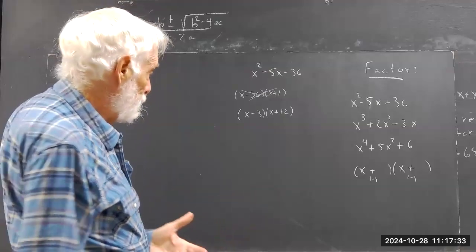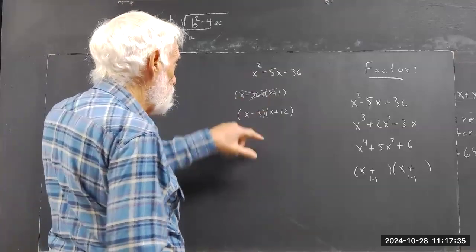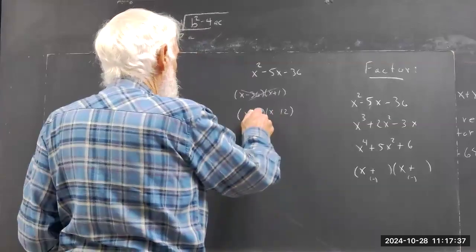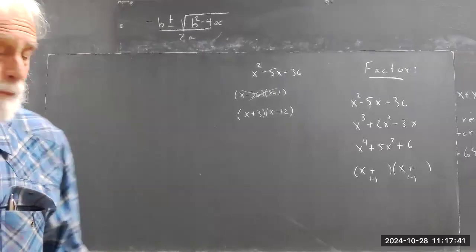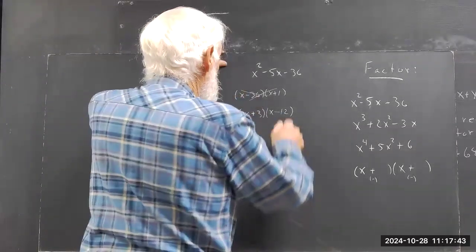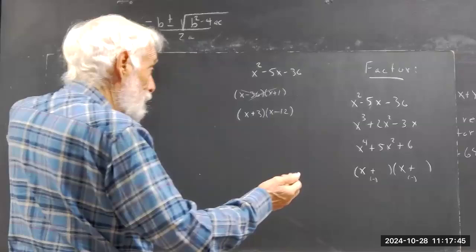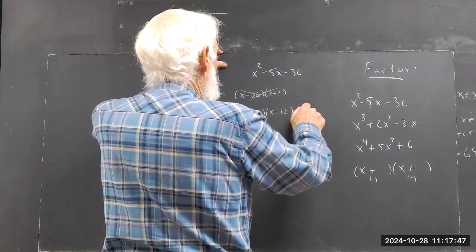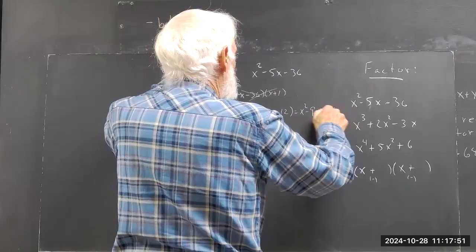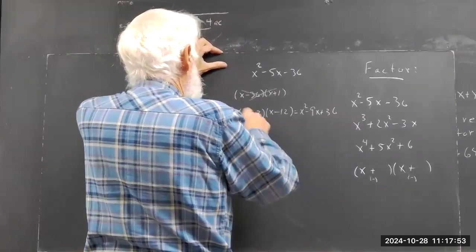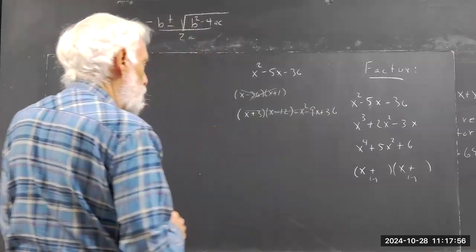And plus 9x isn't very helpful because this is minus. Of course, if you change the signs here, then you get x squared minus 9x plus 36. Well, that doesn't help much.